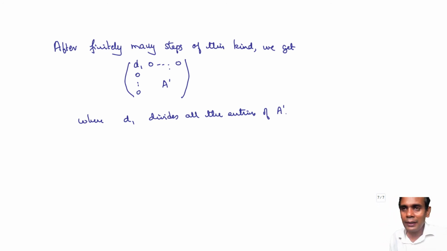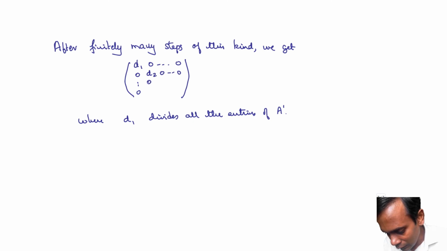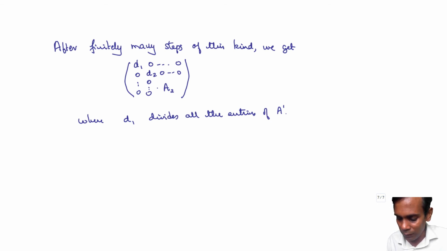Now if d1 divides all the entries of a prime, and you perform row and column operations on a prime, d1 will continue to divide all the entries of the transformed matrix a prime. So when you further take this a prime and apply this induction step to it, at the next stage you'll get d2, and then you'll get 0 0 0 here, 0 0 0 here, and you'll get a matrix a2. d1 will divide all the entries of this matrix d2 0 0 0 a2, and so d1 will divide d2, and then when you apply it to a2 you will get d3, and so on.